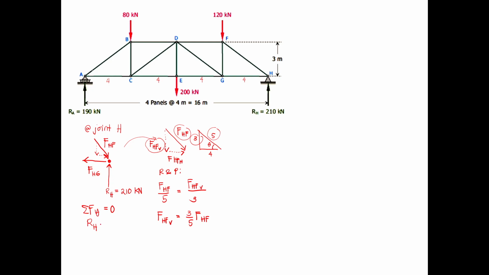So this one is minus 3/5 force of HF is equal to 0. So you're going to have 210 minus 3/5 force HF equals 0. Then you can now solve for the force of HF.